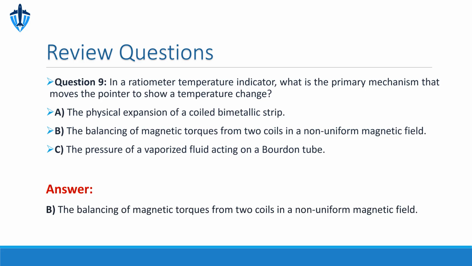The stronger coil's field is pulled downward into the magnet's weaker region, while the weaker coil's field is pulled upward into the stronger region. This interaction creates opposing torques that rotate the pointer until a new balance is found. This balancing of magnetic forces in a non-uniform field is the core of its operation, making it highly accurate and resistant to voltage fluctuations, unlike a Wheatstone bridge design.